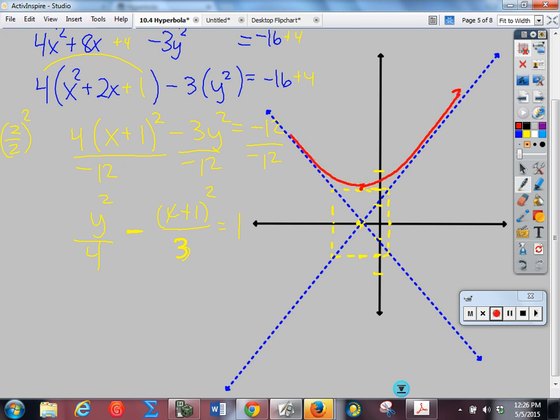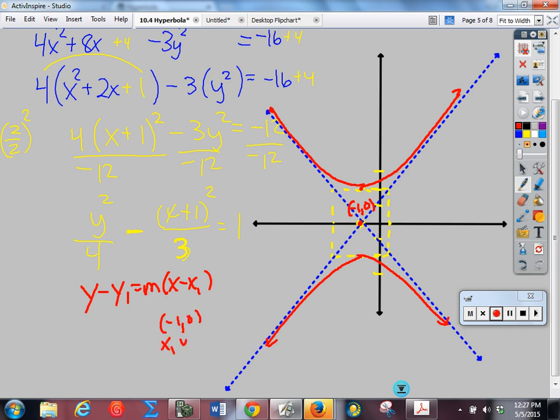So now the hard part of this one is just making the equation of the asymptotes. Because we have y minus y1, x minus x1. So I can see that these go through this point, -1, 0. That's what I'm plugging in for my x1, y1. But what is the slope of this line? If I go right here, how far up do I rise?